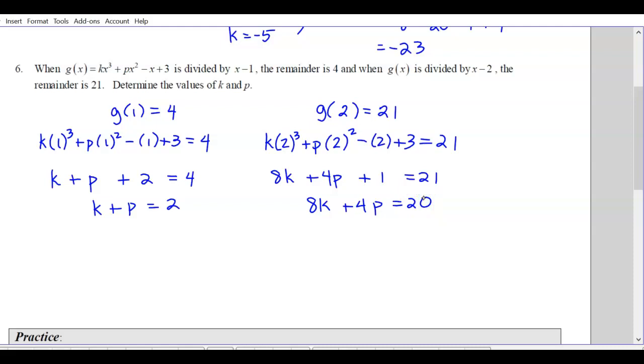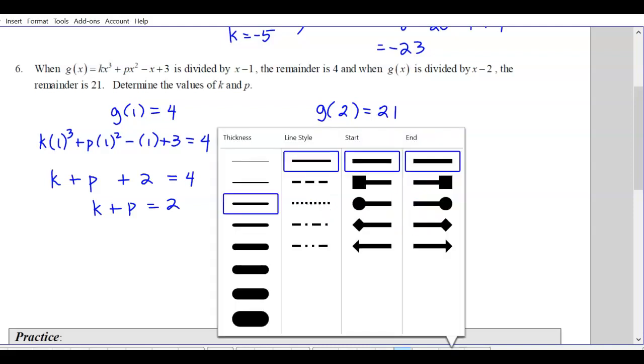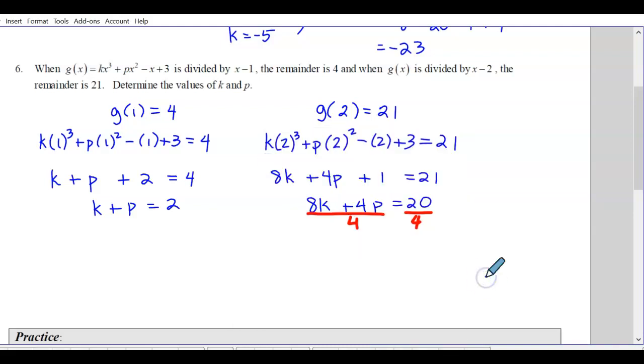So I just got variables on one side, constant on the right. I noticed here that I could divide everything by, that would make it easier for solving. So substitution or elimination, totally up to you. I'm going to eliminate p myself, because they have the same coefficient now.